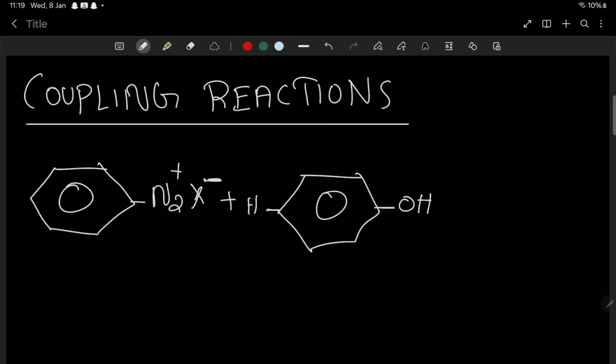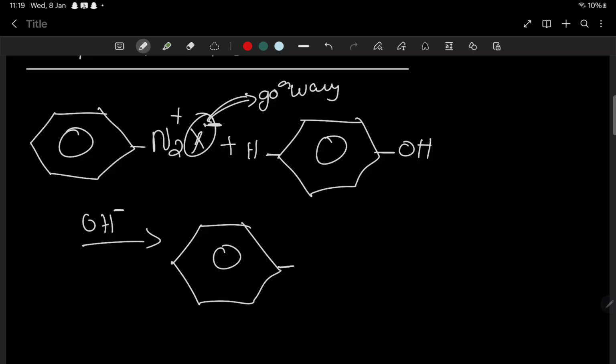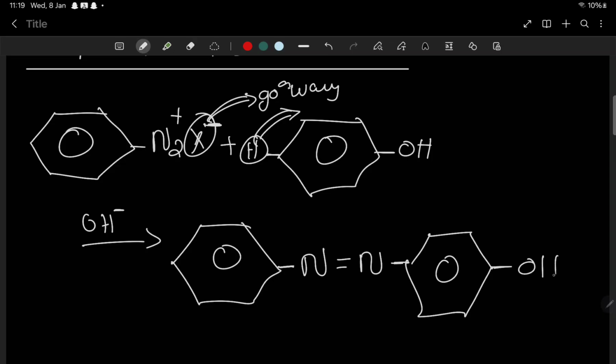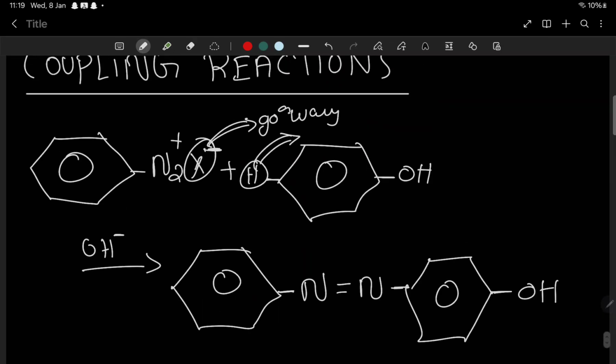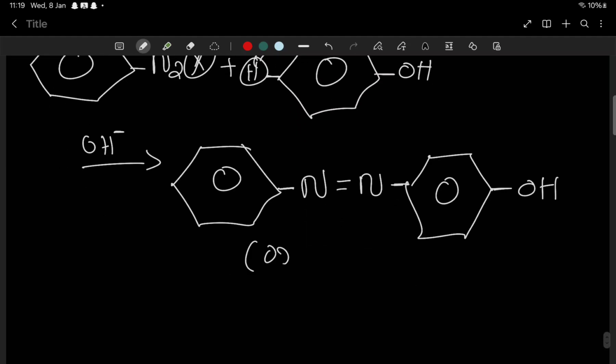Now in basic medium, this X goes away and you just join it together. That is N, so 2N, and this hydrogen also goes away, and we are getting OH. Two compounds coupled together, and this is an orange dye.